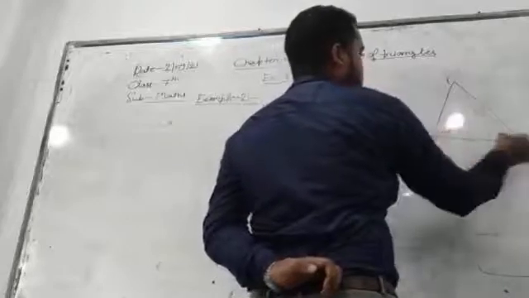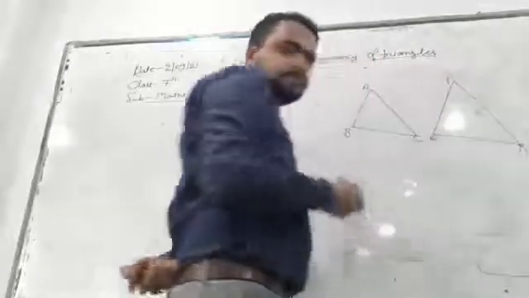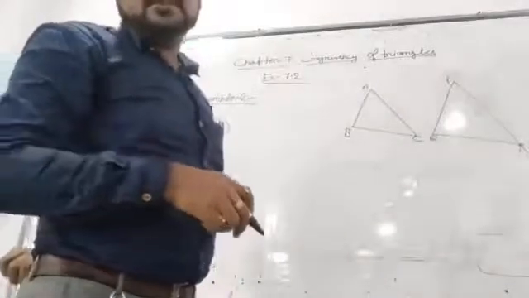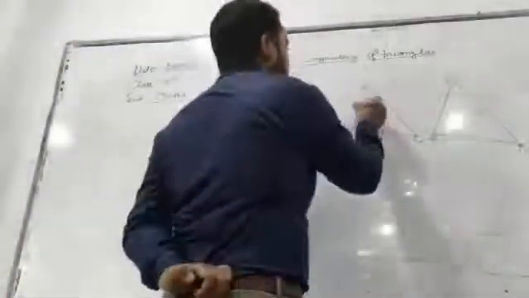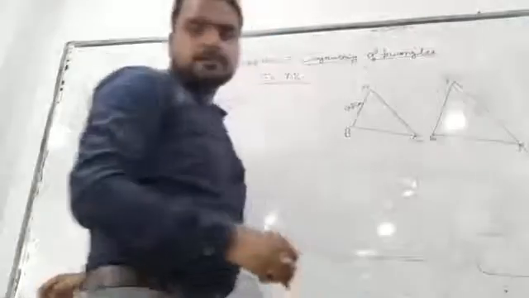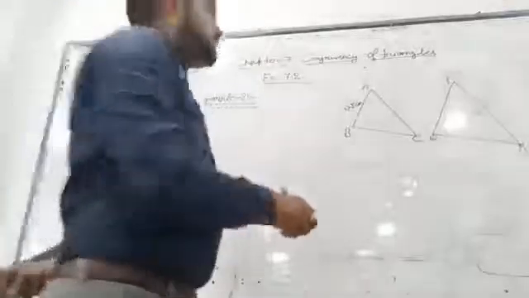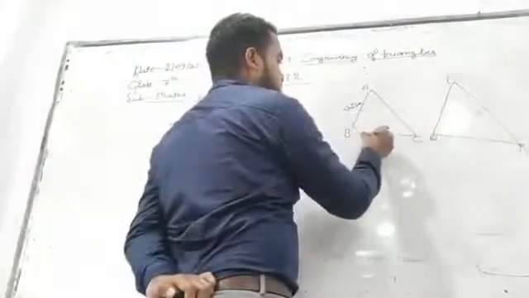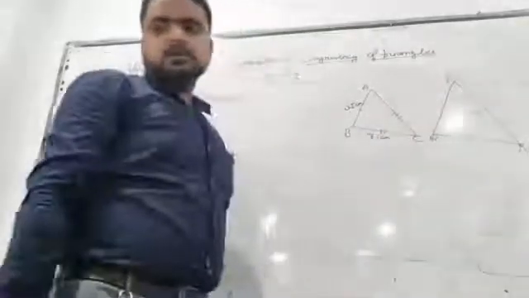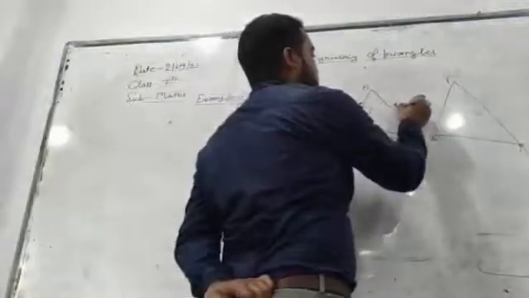The measurement of the sides are AB of 3.5 centimeter and BC 7.1 centimeter and CA is of 5 centimeter.